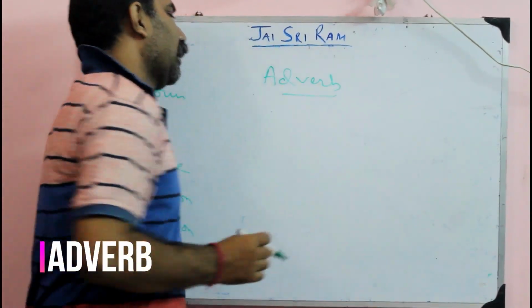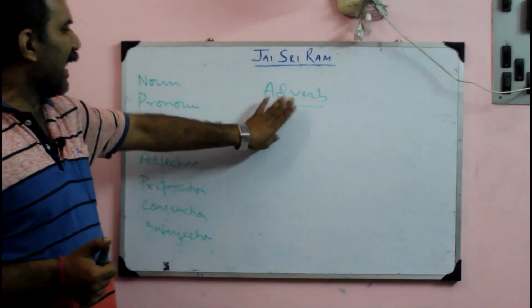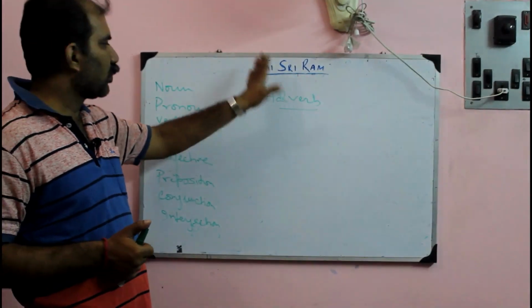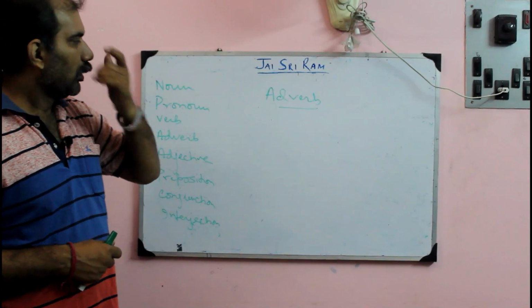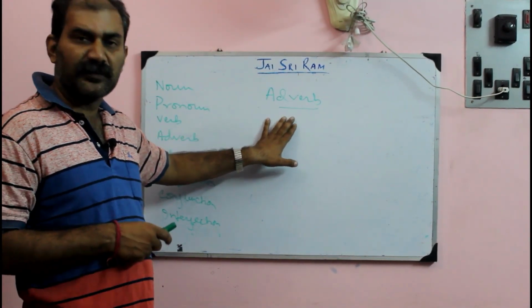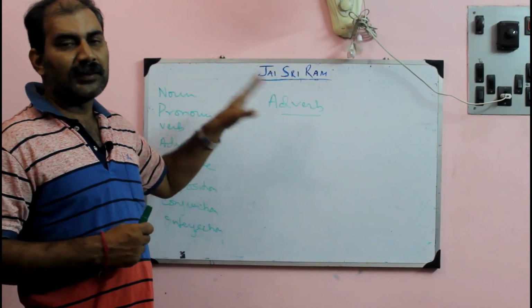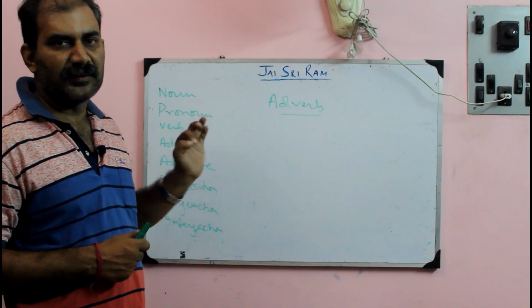Adverb. Now from the name, we think that adverb has to do only with verbs, and many of us think that adverb is a word that qualifies a verb. Yeah, definitely adverb qualifies a verb, but it does not only qualify a verb.